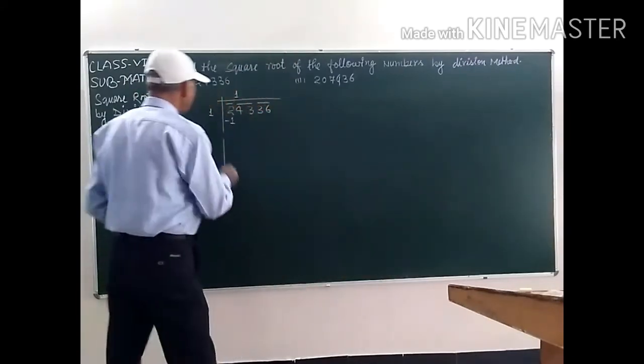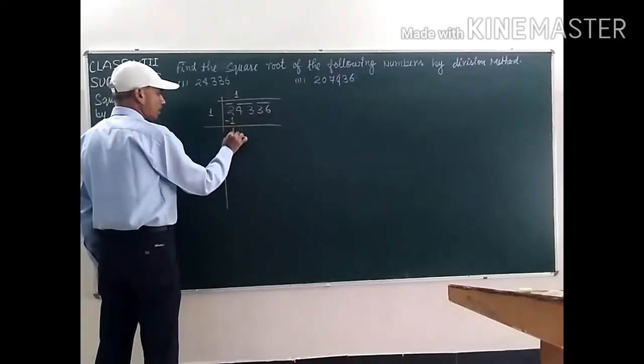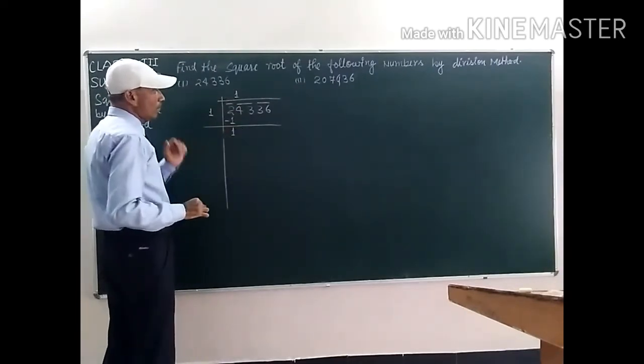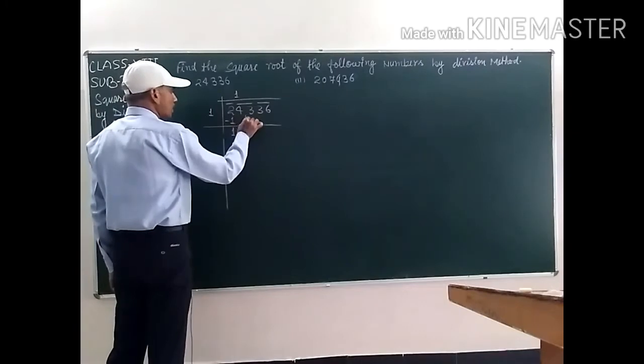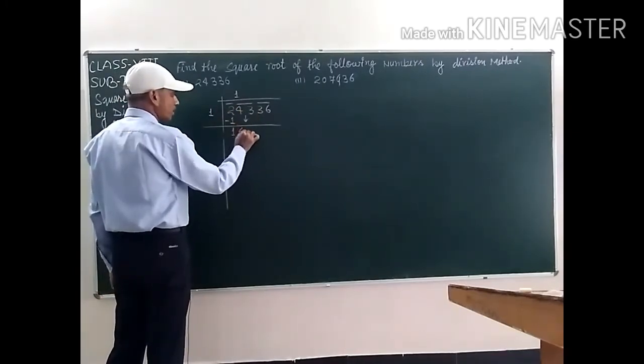Okay students, subtract this number. Here 1. Now we have to take this pair 43 and put it down.